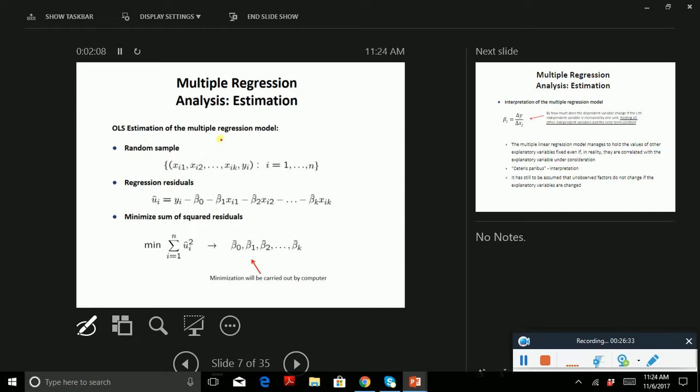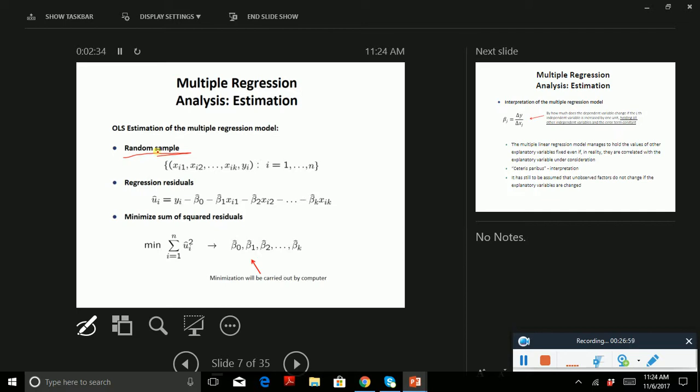So let's look at the OLS estimation of the multiple regression model. Once you have a multiple regression, the first thing is it should be randomly sampled, right? All the explanatory variables are collected randomly, not with any particular preference or order.